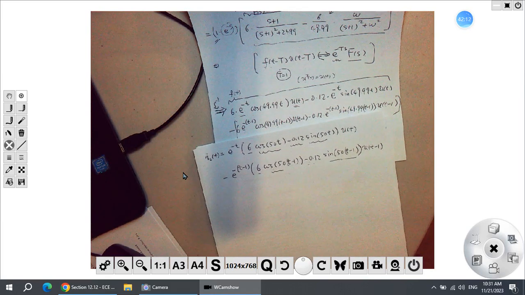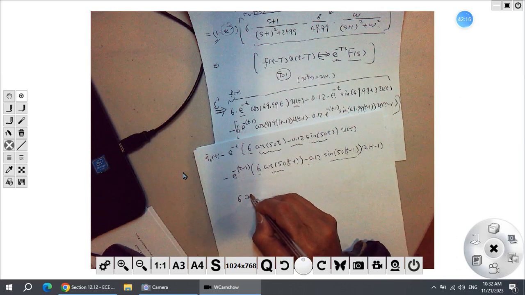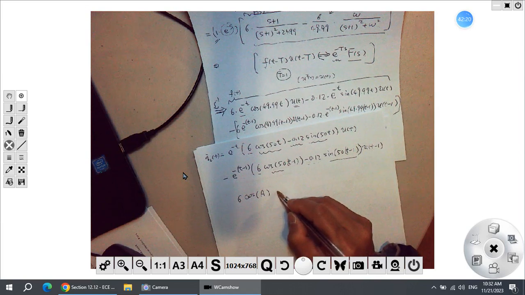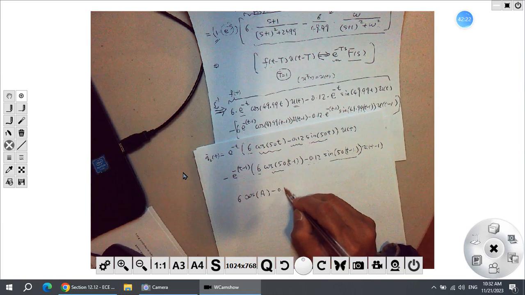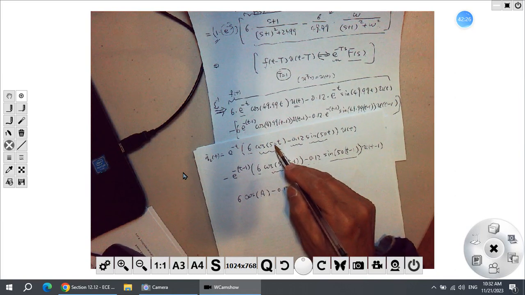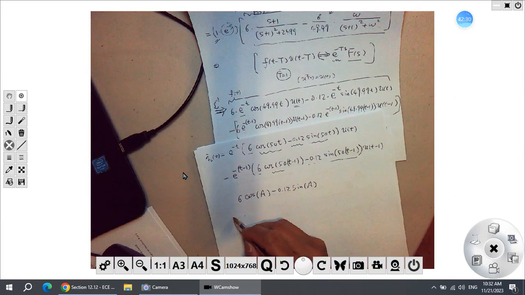And we can have this one like 6 cosine a minus 0.12 sine a, where a is either 50t or 50(t minus 1). This one I can write in this way.